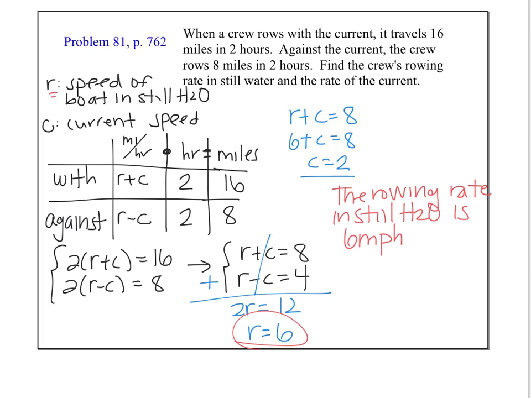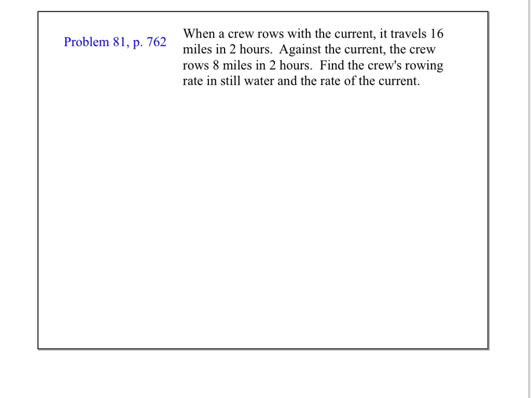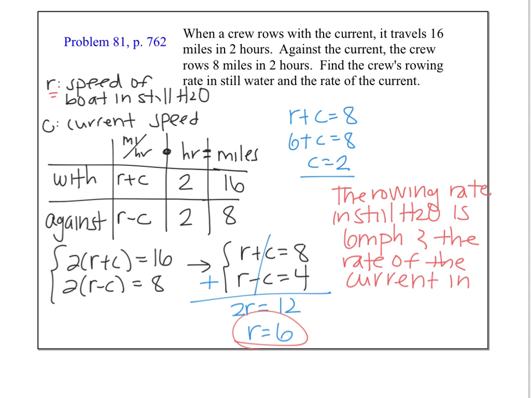We know that R is the speed of the boat in still water, and so the rowing rate in still water is 6 miles an hour, and the rate of the current is 2 miles an hour. And that's because of what we got right here, which is the speed of the current.